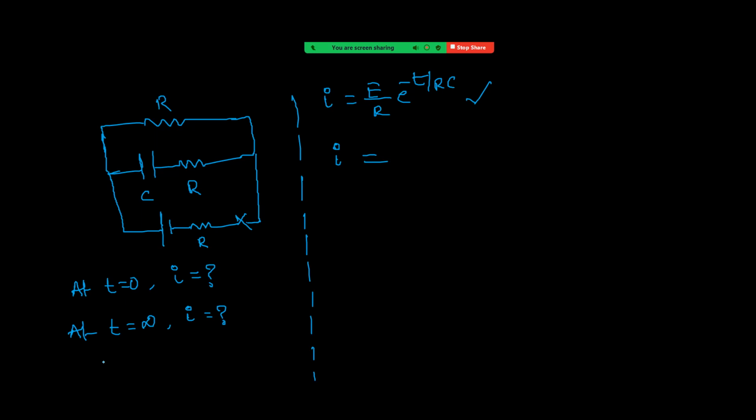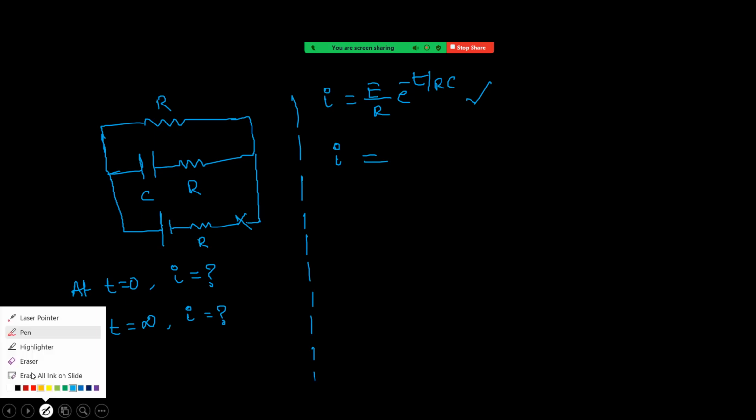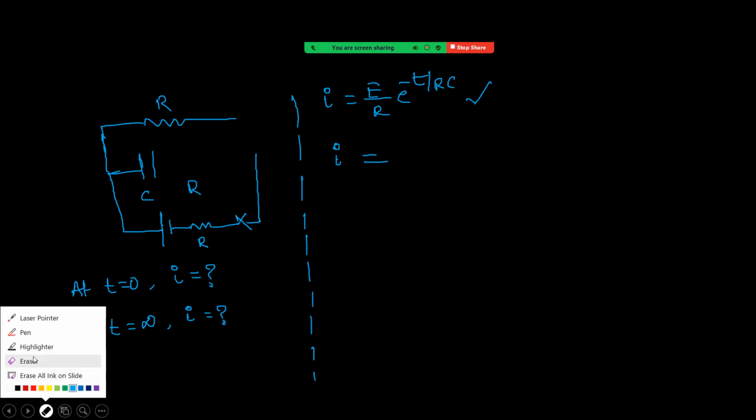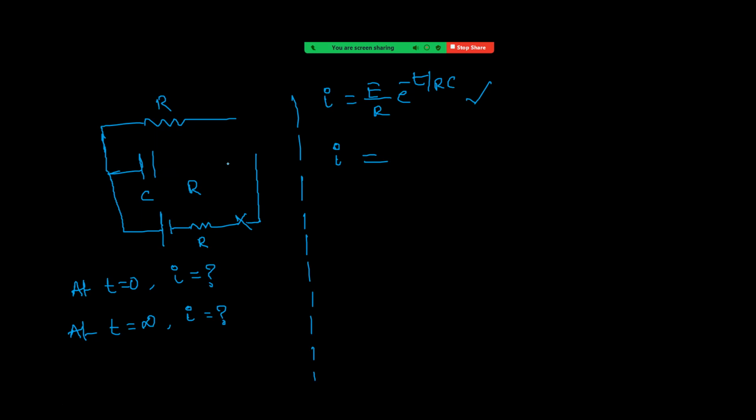Let us do one thing to avoid confusion here. Let us take a simple circuit without the resistor here. Now take here only the capacitor. Now see carefully. There is no resistor.